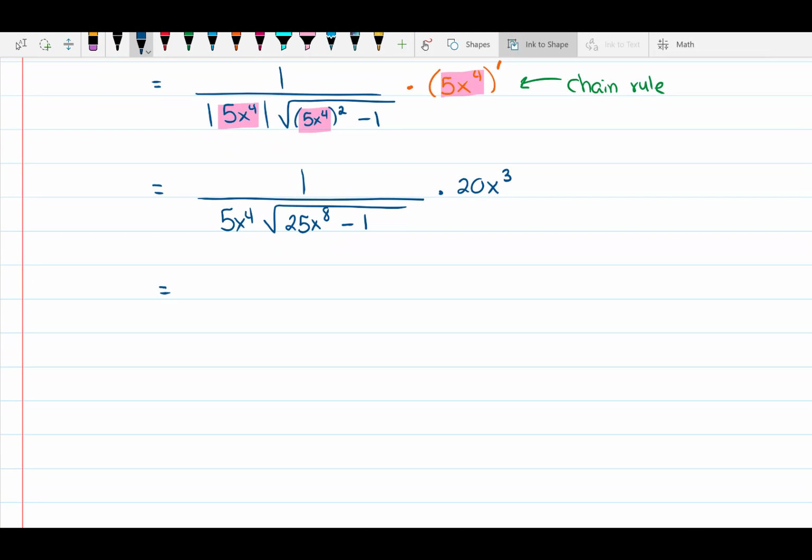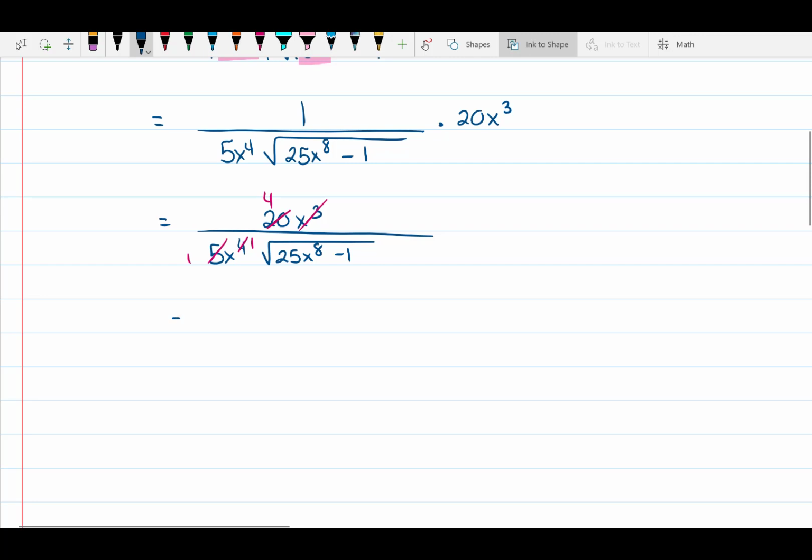So this will then equal 20x cubed divided by 5x to the fourth times the square root of 25x to the eighth minus 1. Then we can do a little simplifying. The x cubed and x to the fourth go down to x to the 1.